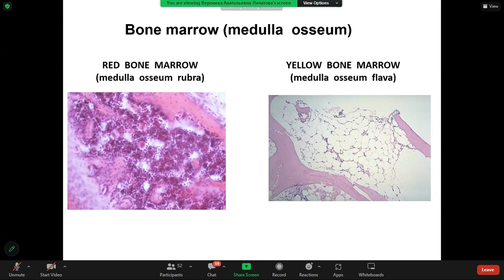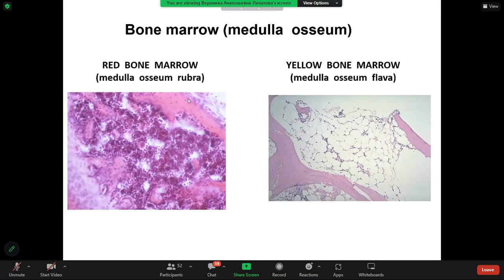Most of it is replaced by adipose tissue, but after severe bleeding, yellow bone marrow is transformed back into red bone marrow.